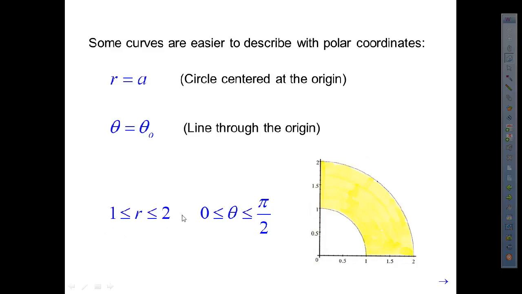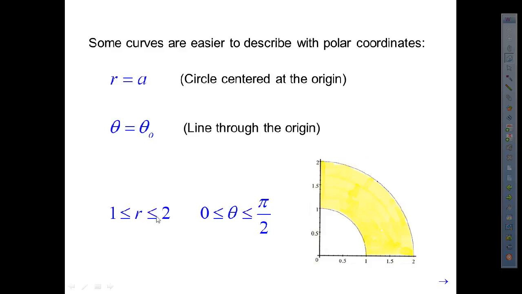All right, and if we have these ranges, or domains and ranges, if r is only going to be between 1 and 2, and theta is only going to be between 0 and pi over 2, then we have this piece of a donut. That's the area that we're defining by these two things right here. Where's my radius?